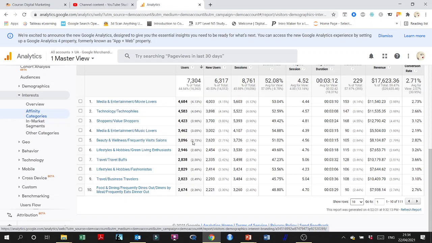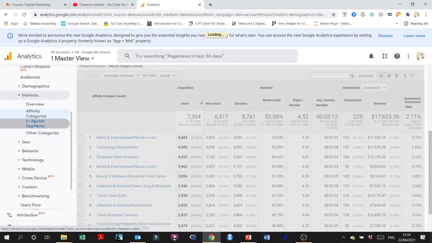You can see here is media, entertainment, movie lovers here. We have here technology and technophiles, shoppers, certain interests here in technology, media, entertainment. I can see media, entertainment, music, movies, very evident here.